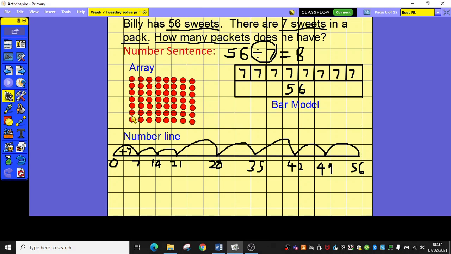So 1 group of 7 and 8 groups of 7. This is what that would look like as an array. So just seeing how we represent that in different ways. However, the key bit is just to have the number sentence, and if we can count up in 7s, we've solved our problem.